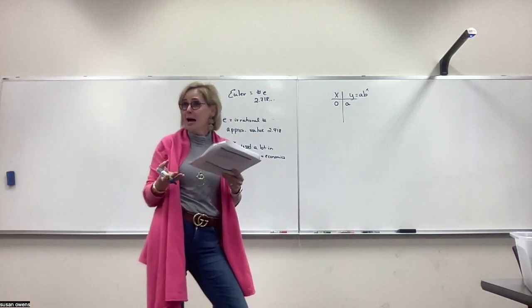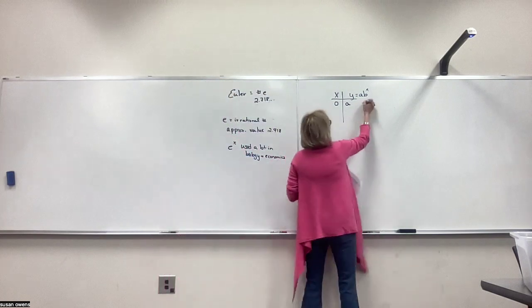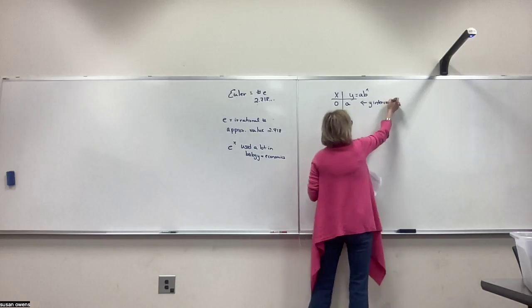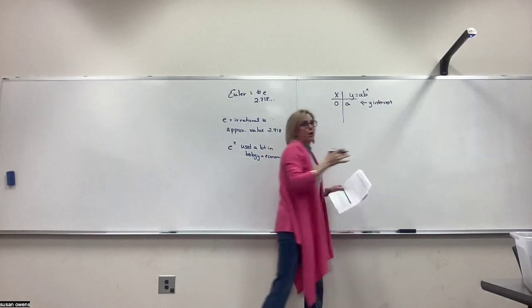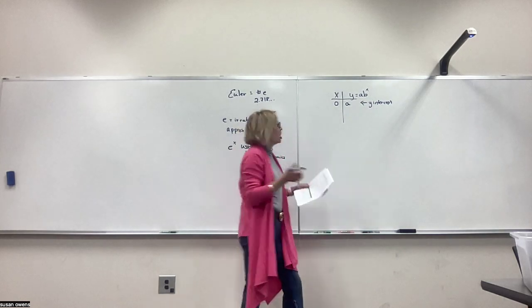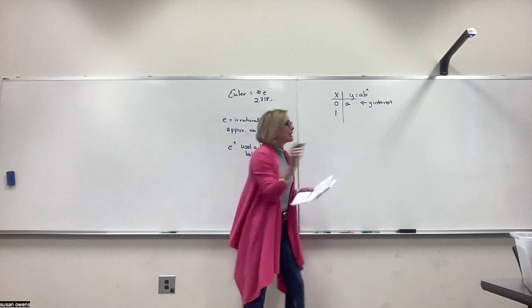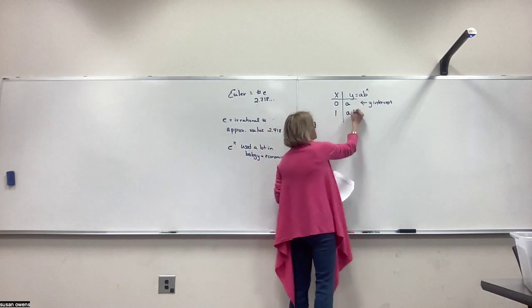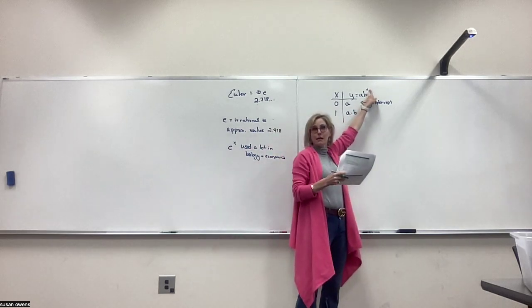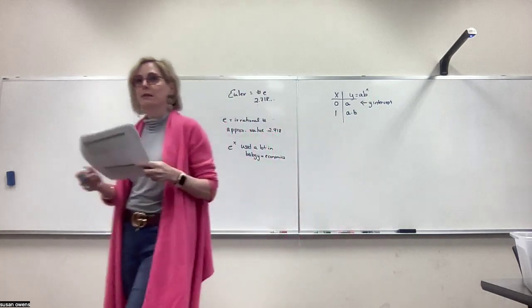So the y-intercept is always going to be a, as long as we don't have anything added or subtracted here. Okay, when it's just in that form. When x is 1, the answer is going to be a times b, because b to the first power is just b. And that will give you 2 quick points on the graph.